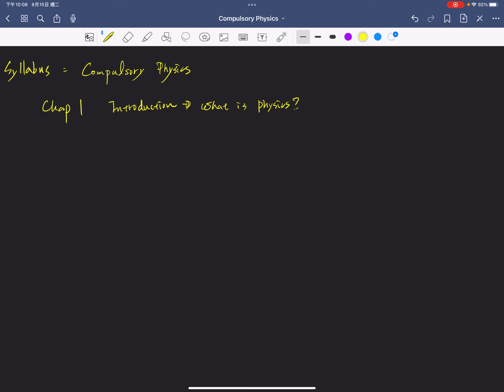Actually, it's very fancy, because in physics we want to describe the motion of objects. There are other sciences like biology, chemistry, and geography. However, physics is based on philosophy and uses math for everything. So if you want to do physics well, you also need to be good at mathematics.